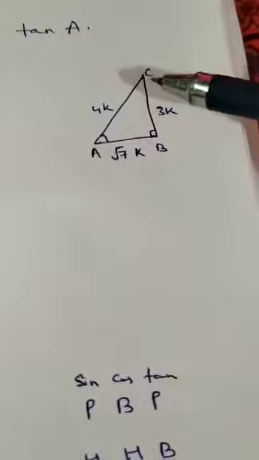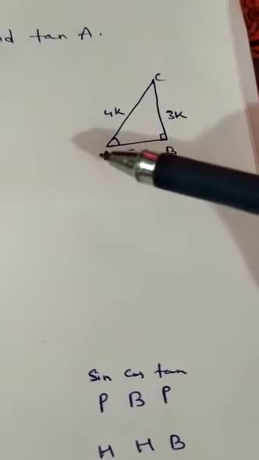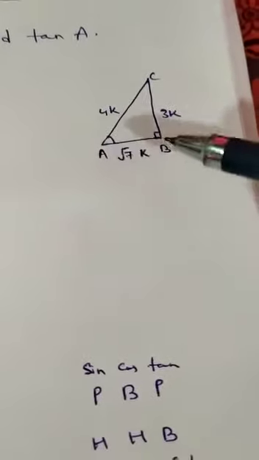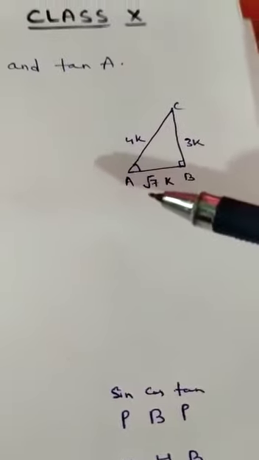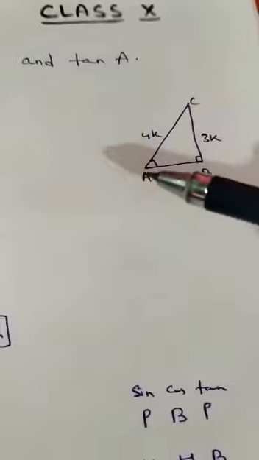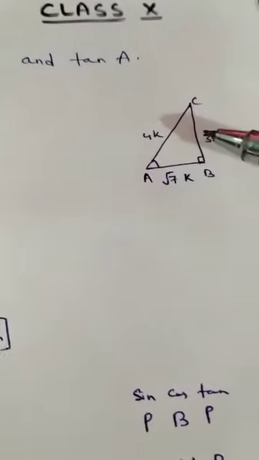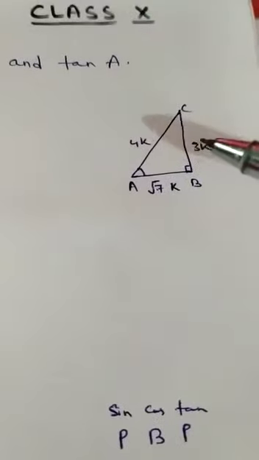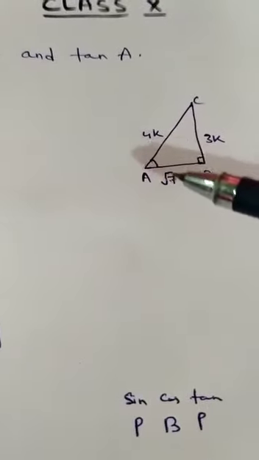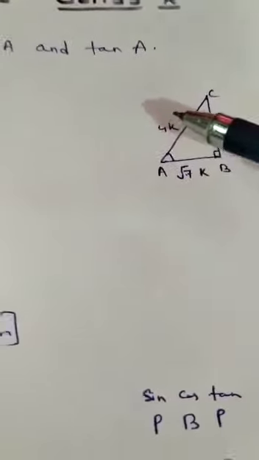CB will be perpendicular and AB will be base, and this will be the hypotenuse. Always remember that the side opposite to angle theta is always the height or the perpendicular.